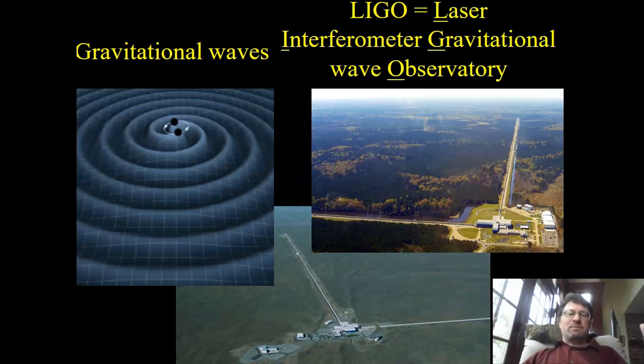Sure, we might collect moon rocks and meteorites and do other related things, but for the most part, astronomy has been looking at light coming from space. And now we have a different kind of radiation, this gravitational radiation that we're capable of detecting from other sources. And so this gives us a whole new lens, if you will, a whole new way to look at our universe.